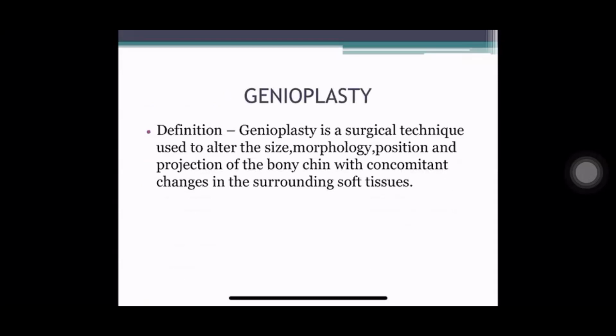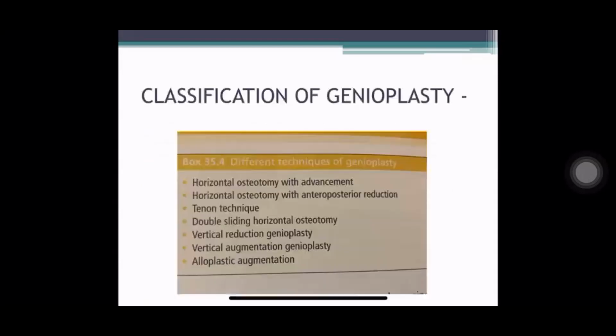The definition: genioplasty is a surgical technique used to alter the size, morphology, position, and projection of the bony chin with concomitant changes in the surrounding soft tissues. The classification is horizontal osteotomies with advancement or anterior posterior reduction.